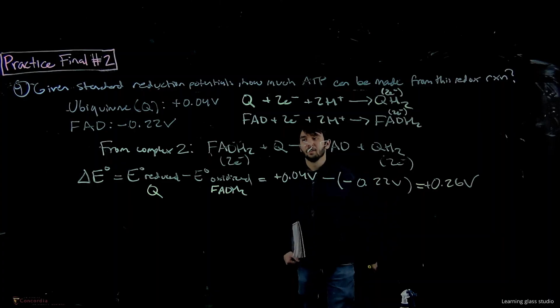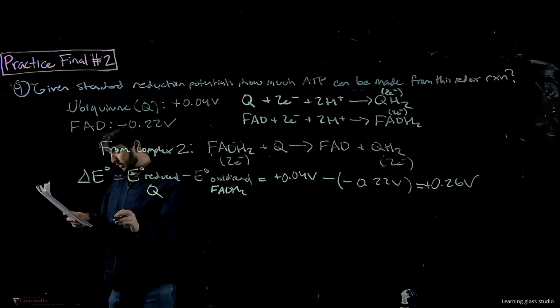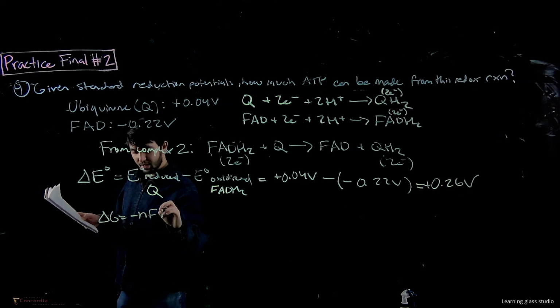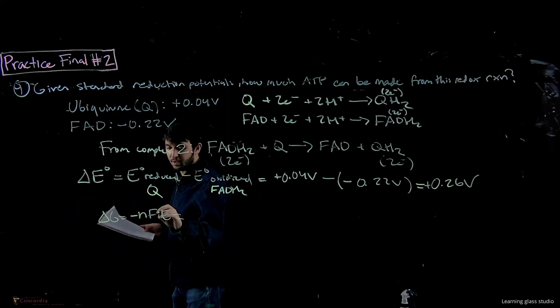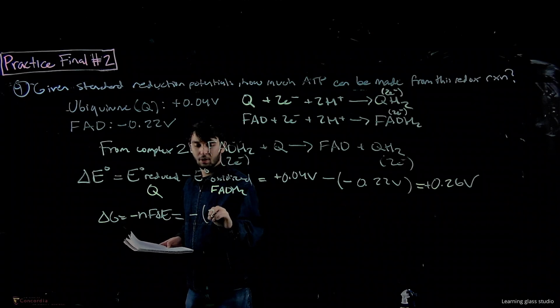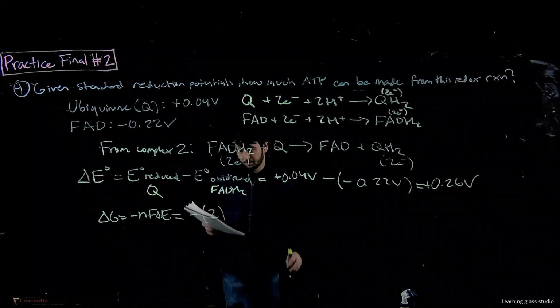And we know that a positive delta E is energetically favorable, and we can prove that, right? We have to for this problem. So delta G equals negative nFΔE. So n is going to be 2. That represents the 2 electrons transferred here, all right?